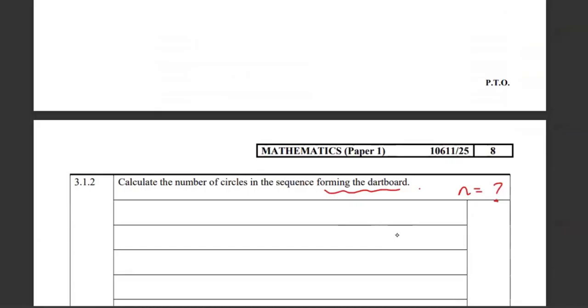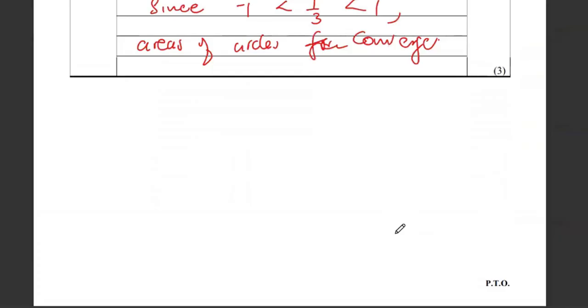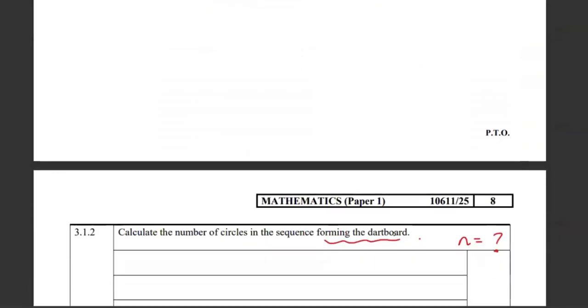They gave us the radius of the last circle, meaning that the radius is 2/3 of a centimeter. So it's up to you how you want to do it. You can either look at the area part of it, or you could just focus on the radius of each one.